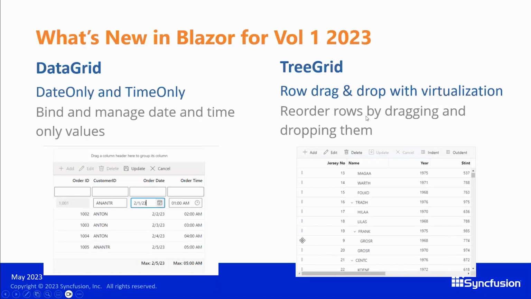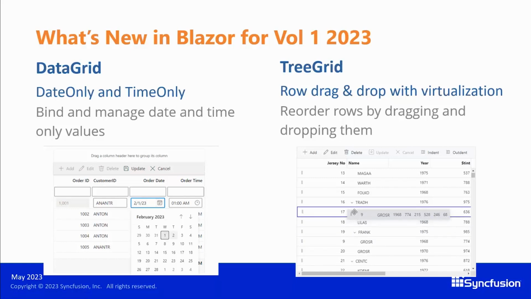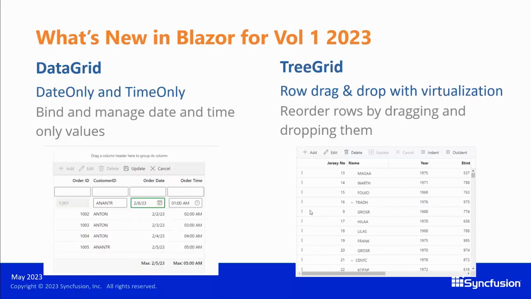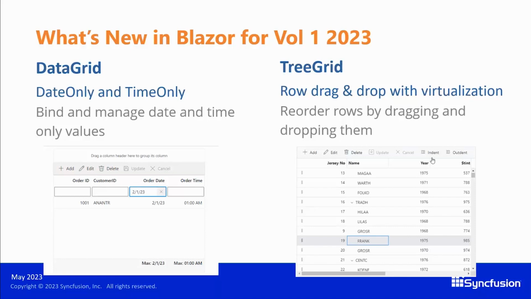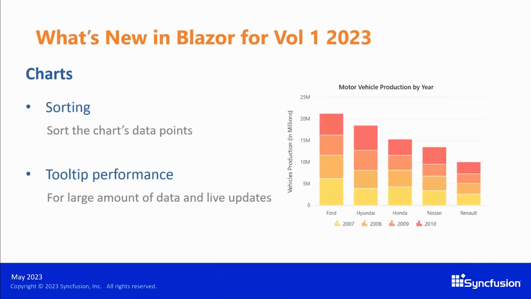And to the tree grid component, now you can reorder the rows by dragging and dropping them along with virtualization. Next, to the charts component, a sorting feature has been newly added. Now you can sort the chart data points in either ascending or descending order, and also you can perform sorting based on either the x-axis or y-axis.